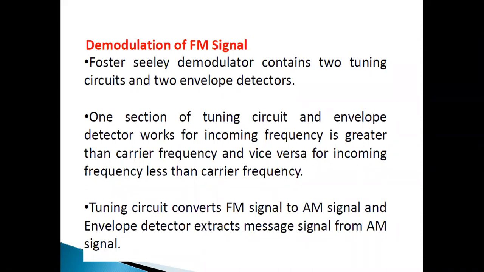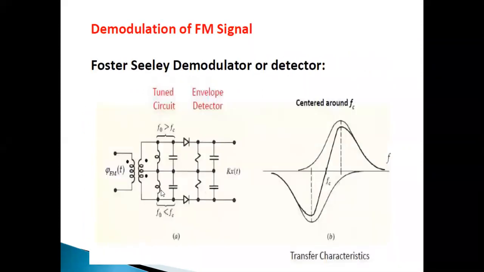So we already know that we are representing two conditions: F0 is greater than FC, and F0 is less than FC. These two are very important conditions here. F0 greater than FC is one condition, and F0 less than FC is another condition.